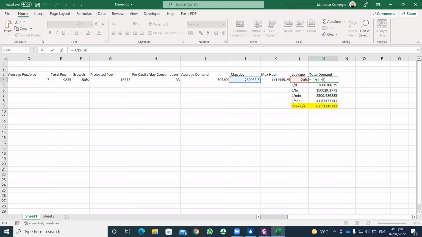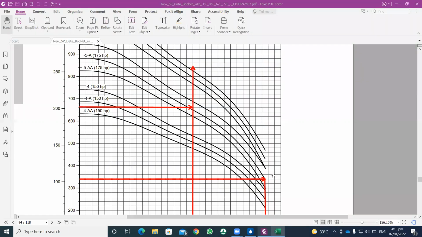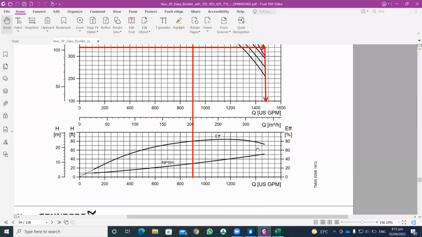So I'm taking this value, for example, 2500 liters per minute. So in a different unit it gives, basically here it is in gallons per minute.